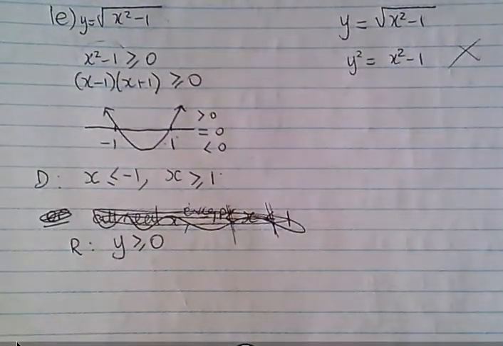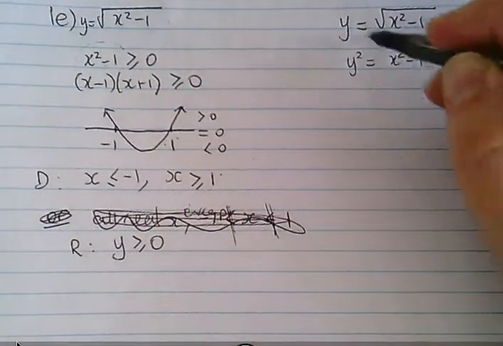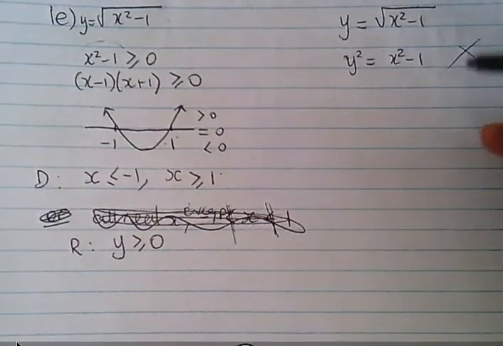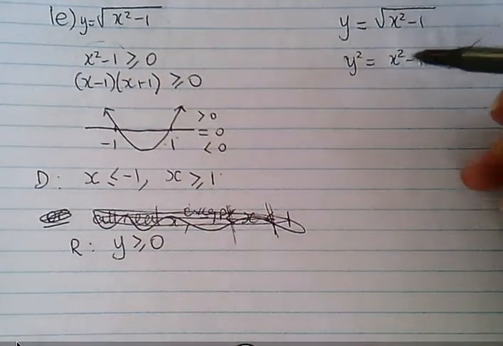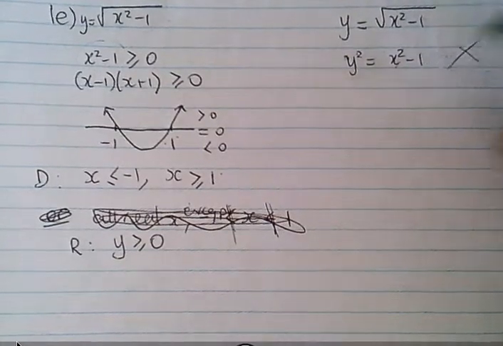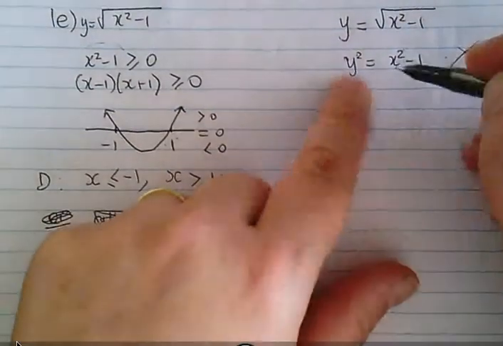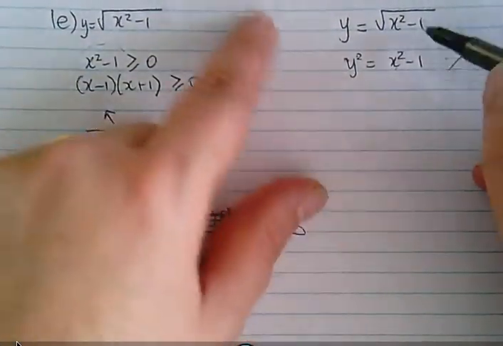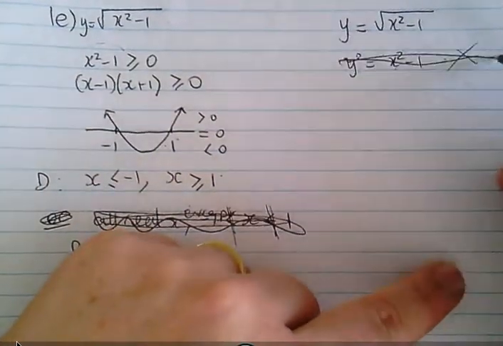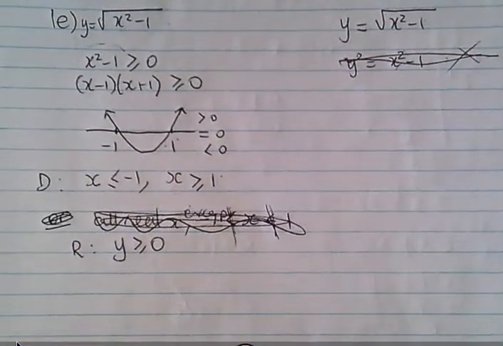We could sketch it by plotting values, but that's not a typical function that we know. If it was y equals x squared minus 1, we could have sketched it. That would have been a parabola shifted down 1 unit, but it's not. This is not half a parabola. So forget that. You just have to do that one that way.